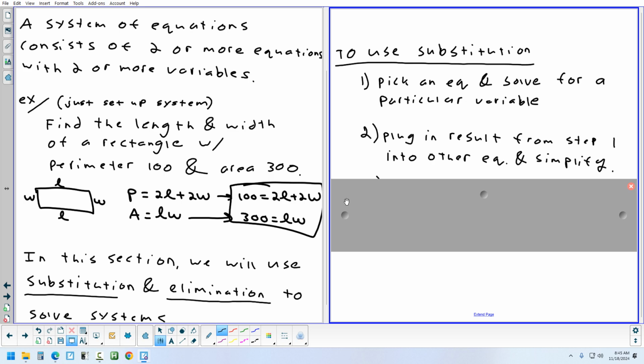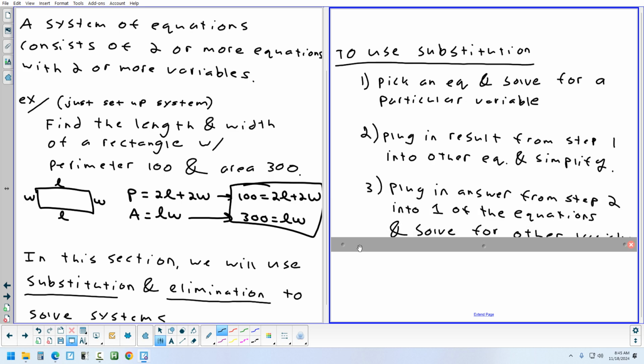Once you get to step 2, you should know the answer for one of your letters. Depending on how you did it, in this one you're either going to know the L or the W at this step. Once you have one of your answers, let's say you find W is 10, all you have to do is plug that back in, and then you can solve for the other letter.